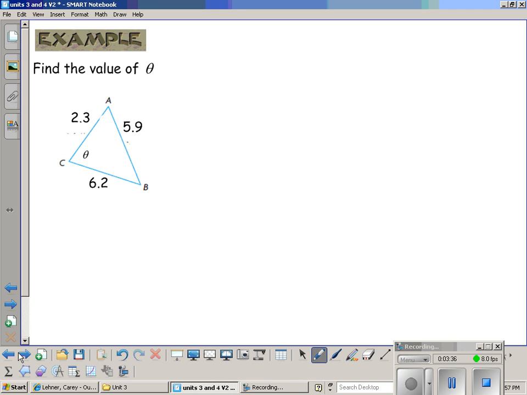In this next example, we want to find the value of theta. So that means we're looking for an angle, and in this case, theta is for angle C. So we can label these other sides. This would be C, A, and B. Now, because we are looking for angle C, we are going to use the version of the cosine law that starts with the C squared.